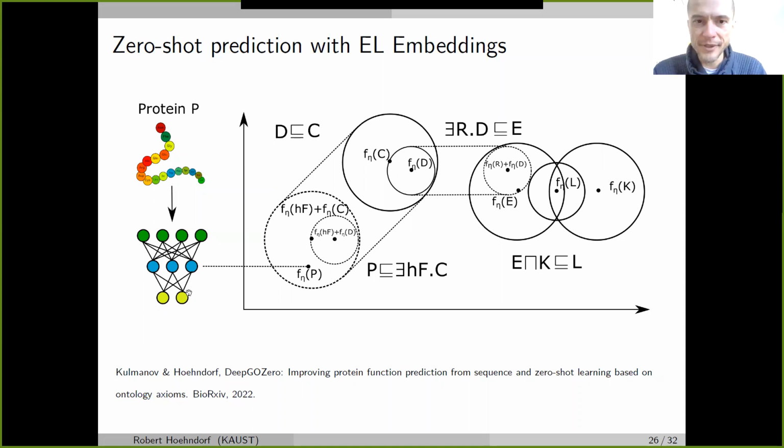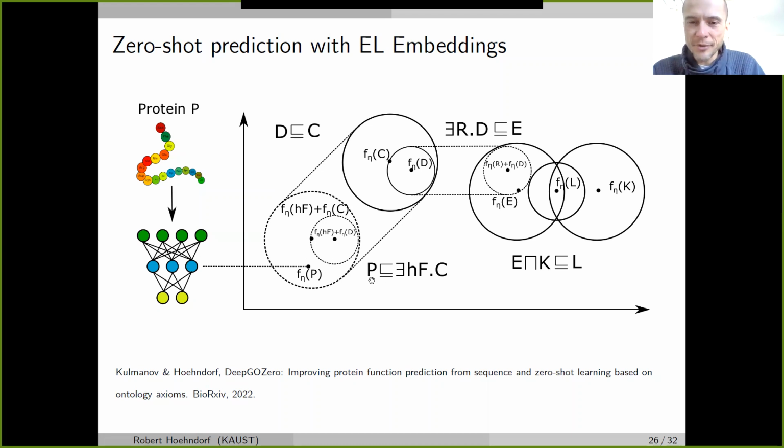Then we have the proteins. They become points in the same space. And the way the inference works is through has-function relations. There's this dotted class here, and it's not a very clear figure, I'm sorry.